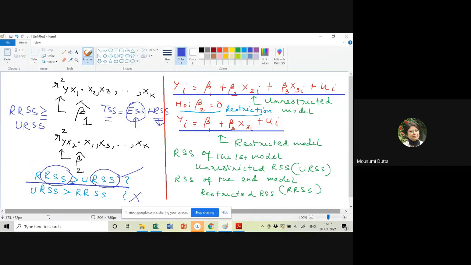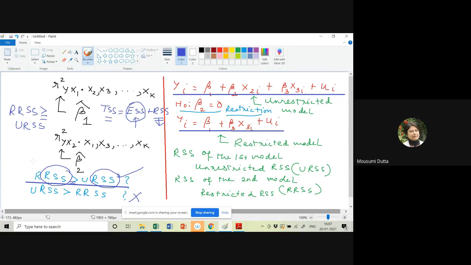The RSS of the restricted model, which has the lesser number of explanatory variables, cannot be less than that of a model which has a greater number of explanatory variables. It may happen that x2 has no explanatory power at all, or x2 is insignificant.